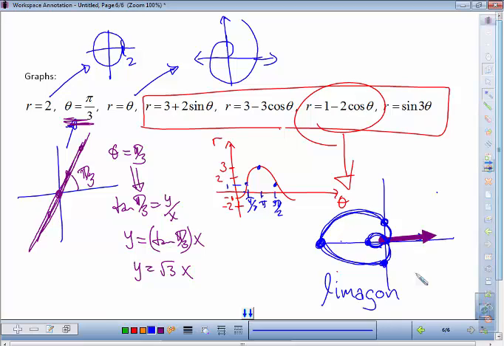I mean, this is a C with a little tail, and in France, it's called a limaçon. Limaçon. Anybody speak French? So that's how you say it, until an actual French speaker tells me otherwise. Say it again? Oh, limaçon. Latin, all those Latin languages.